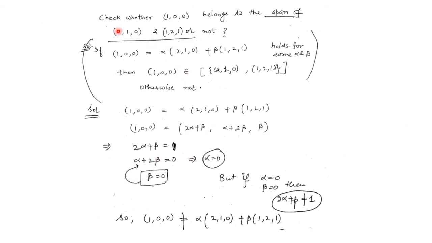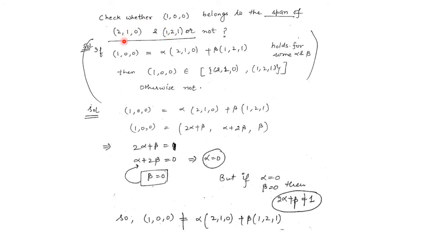Now the next is to check whether this element belongs to the span of this and this or not. So these types of questions are very important. You are given an element, you have to check whether this element belongs to the span of this and this, right?